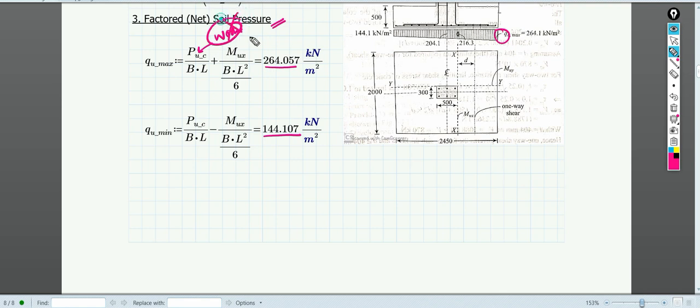We have used the design load, because the stresses that we have calculated will be used for designing.